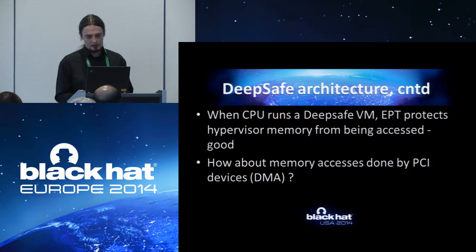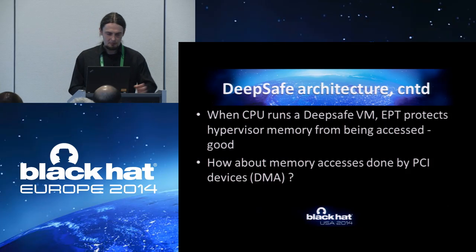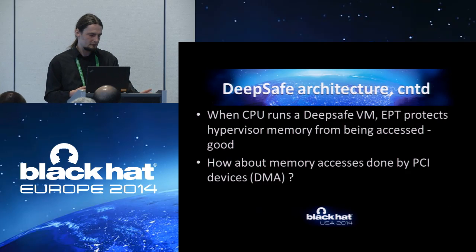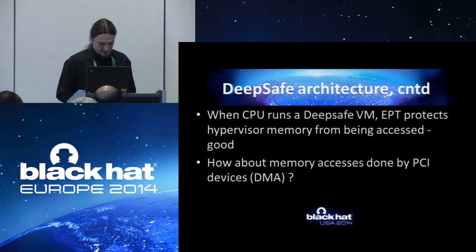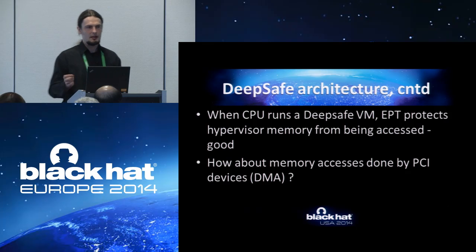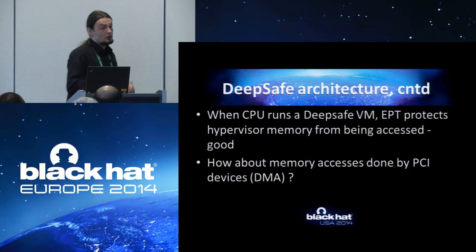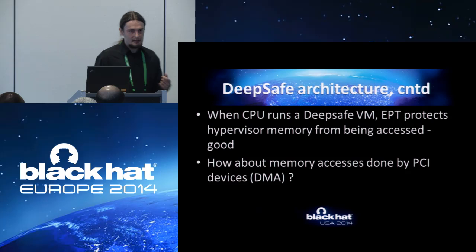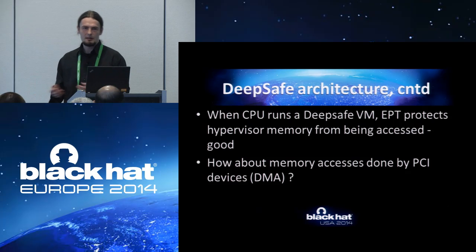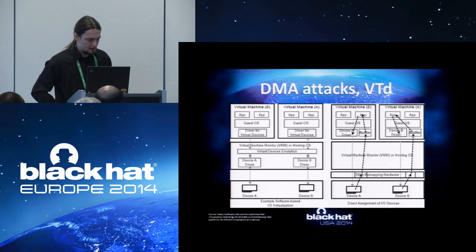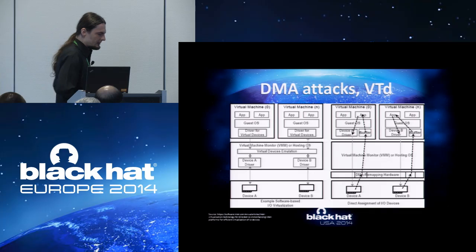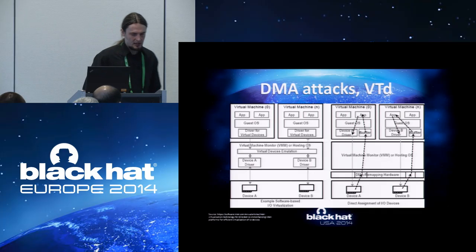But how about PCI devices, right? I already mentioned previously that a PCI device can use DMA to access memory. And in this design, the VM has all the control over PCI devices, right? So in order for Windows to not notice that it runs in a VM, it still must be able to talk to the network card, to the graphics driver, etc. And again, I mentioned that you need VT-d to prevent PCI devices from corrupting your hypervisor memory.